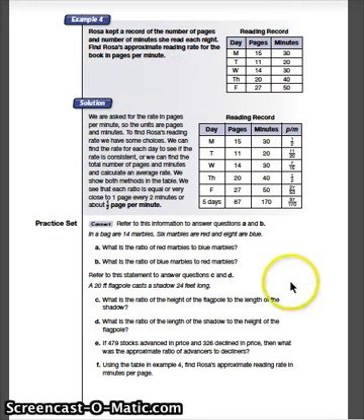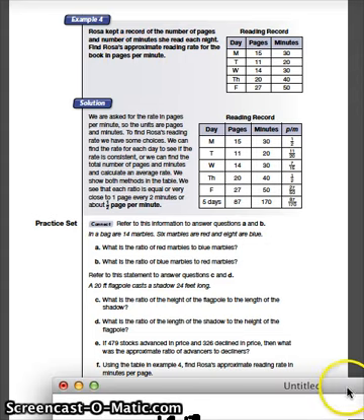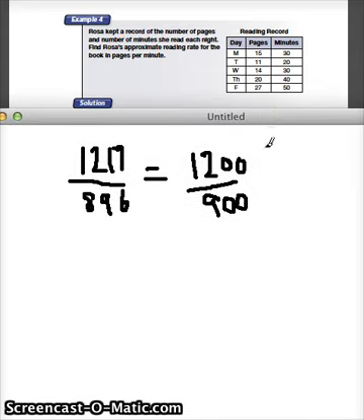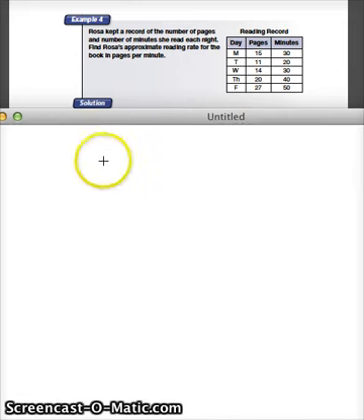Okay, let's look at the fourth example. Rosa kept a record of the number of pages and the number of minutes she read each night. Find Rosa's approximate reading rate for the book in pages per minute. So what you want to do here is go through and put the approximate ones for each entry.